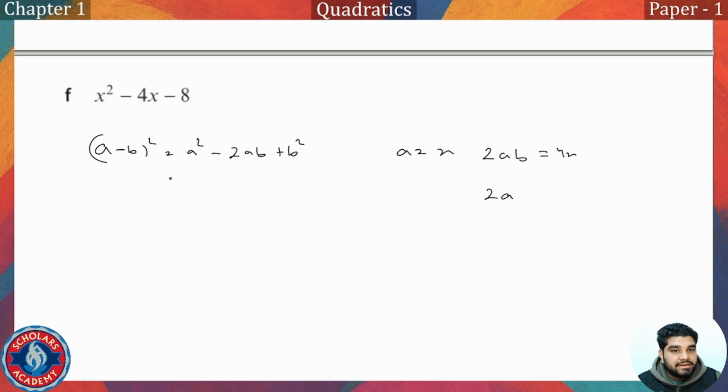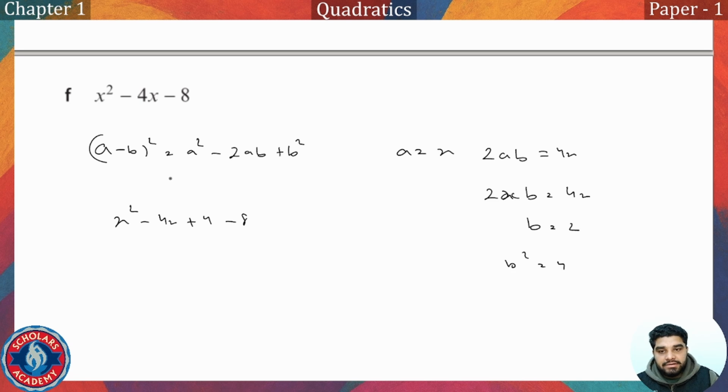So 2xb is equal to 4x. b is equal to 2. Let's use this, b square as 4. So x square minus 4x plus 4 minus 8, and if we complete the square, we are left with subtraction of 4, so that the equation remains same. So x, sorry, negative, because middle term is negative, (x - 2) whole square minus 12. Clear?